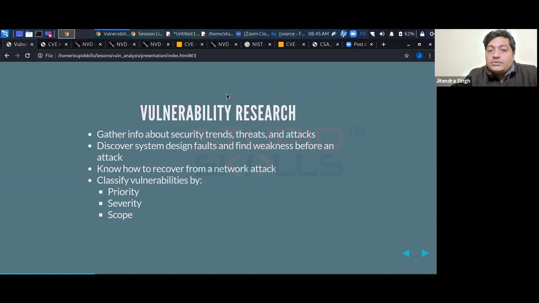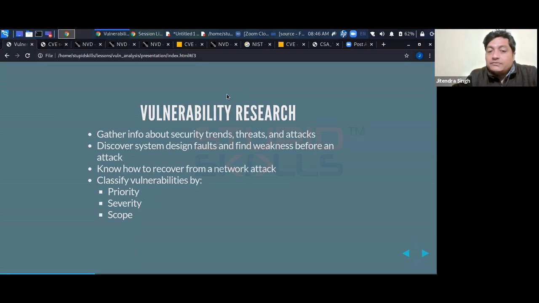You should be able to find out design faults and weaknesses before an attack itself is conducted. And if you are one of the victims who has faced such an attack, then from this kind of research you should be able to recover faster.